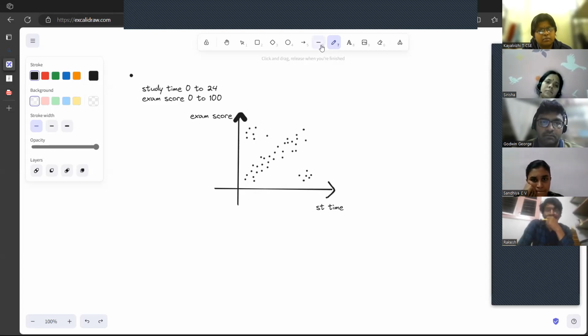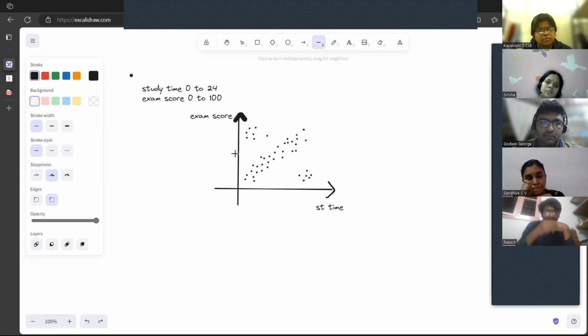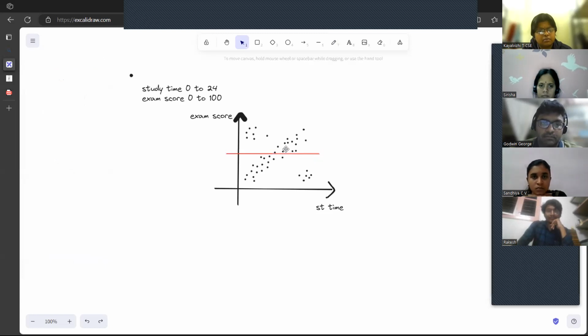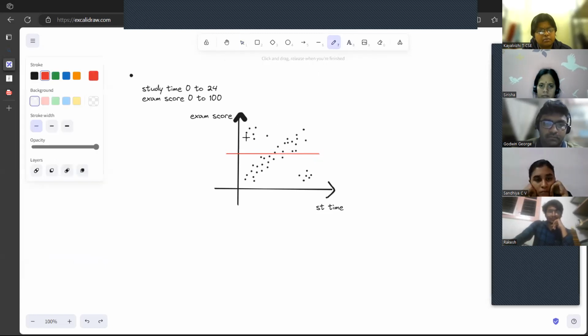So let's see what we mean by error. Let me draw a function. This is not the best function that fits these data points, but let me draw it. This is the actual value and this is the value we are predicting.